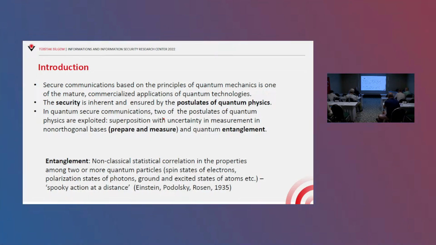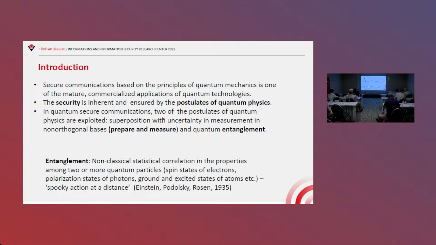In quantum secure communications, two of the major postulates of quantum physics are exploited. These are the superposition principle and quantum entanglement. The superposition principle basically leads to uncertainty in measurement in a non-orthogonal basis.